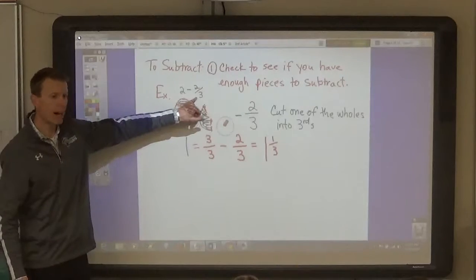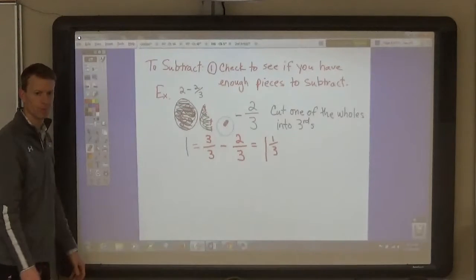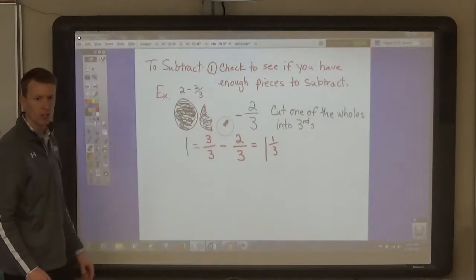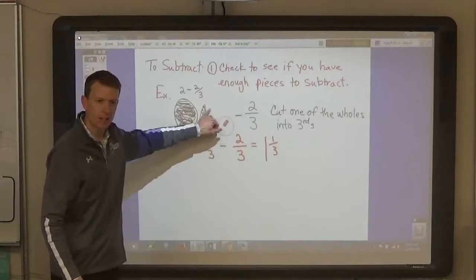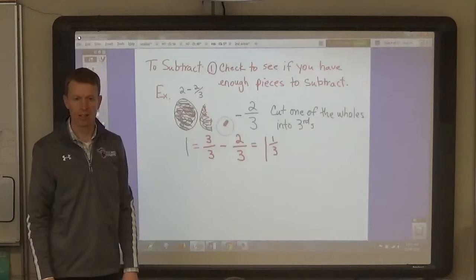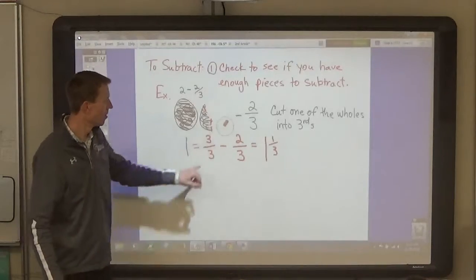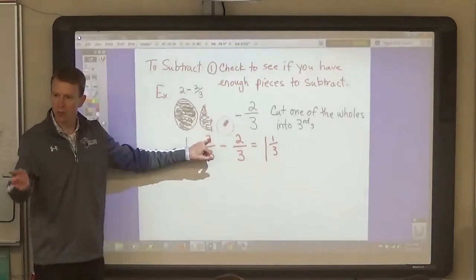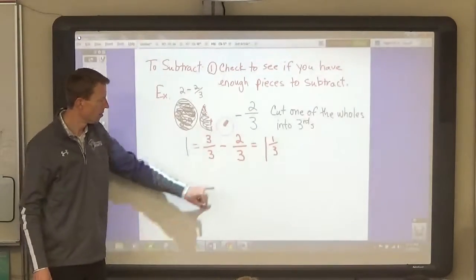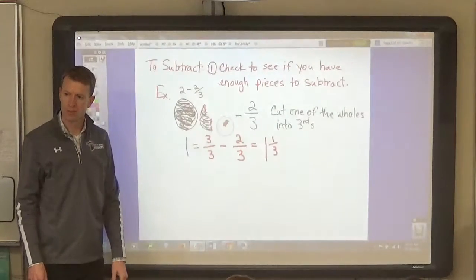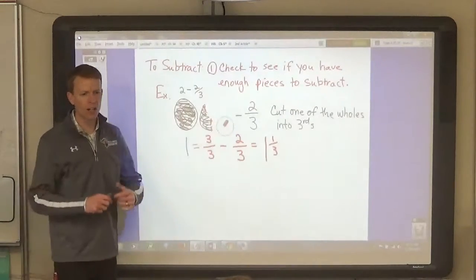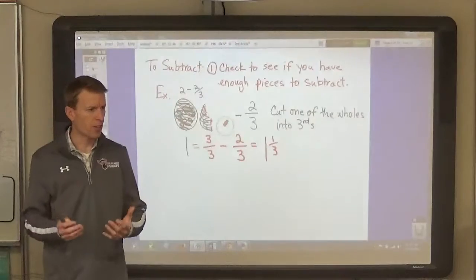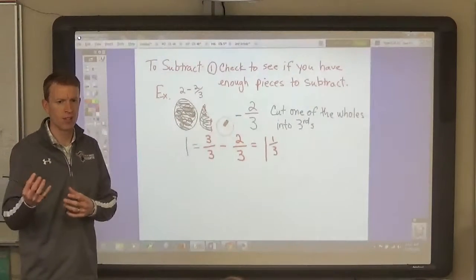Now, how do we subtract this? You take one of the wholes and cut it into, right. How do we know to cut it into thirds? Why didn't we cut it into fourths or fifths?